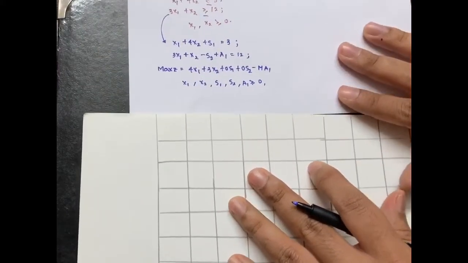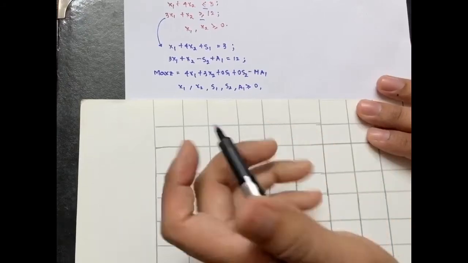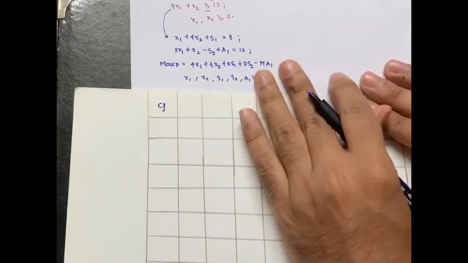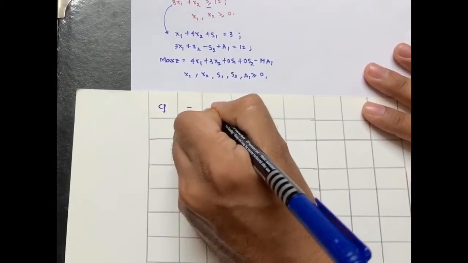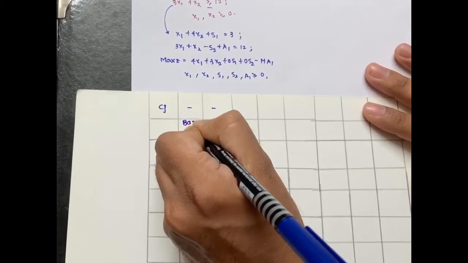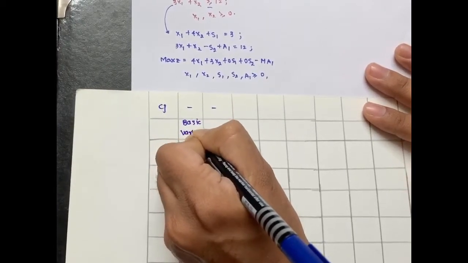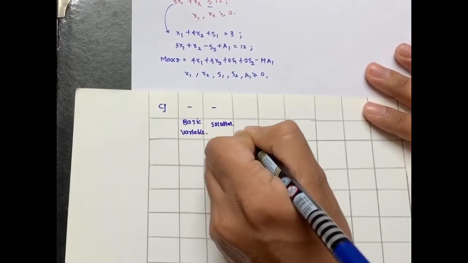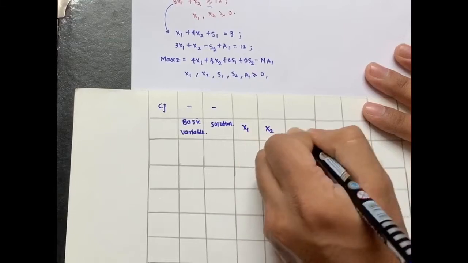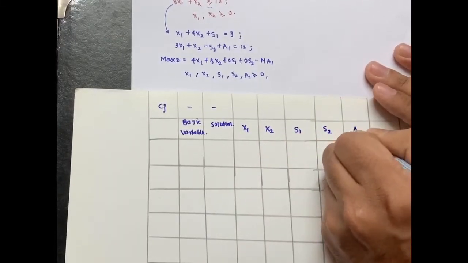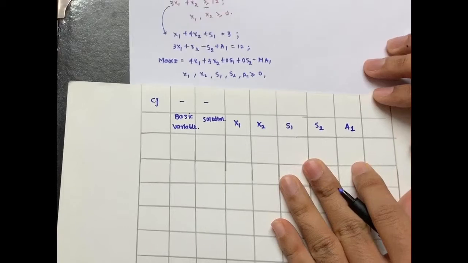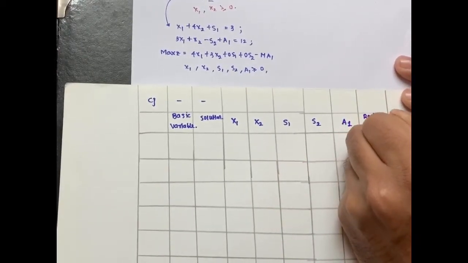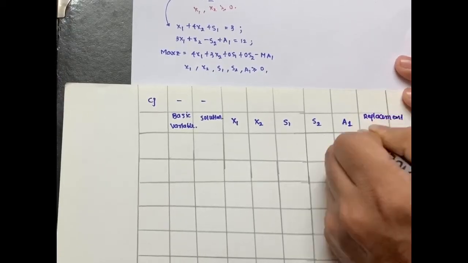The first cell is designated for our cj variable, then these are our basic variable and solution variable columns. x1, x2, s1, s2 and a1 are the variables in this case, and this column is for our replacement ratio.